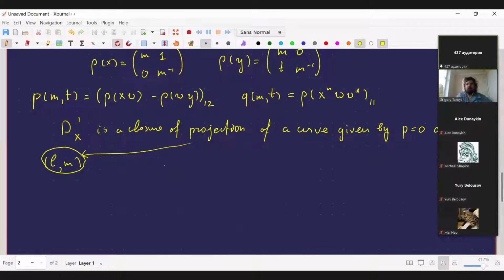And so D prime x is given as a closure of the image of this curve.